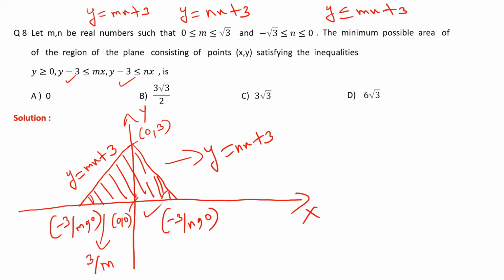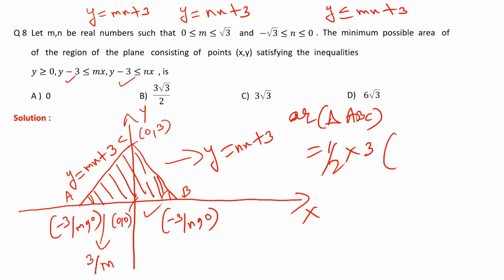Please mind it. Fine. So when I calculate the area of this particular region, let's call this region ABC, then the area of triangle ABC is going to be half base into height, half into 3. The base is going to be minus 3 upon n plus 3 upon m. Fine. I have told you the reason for this. Just take out 3 common.